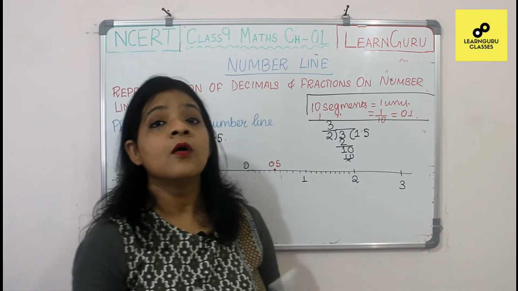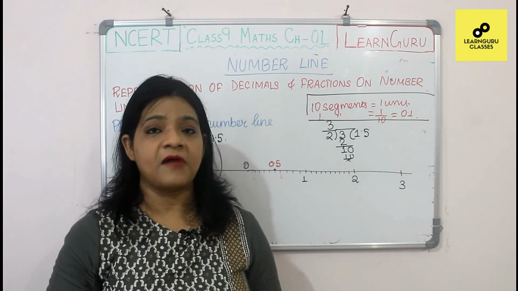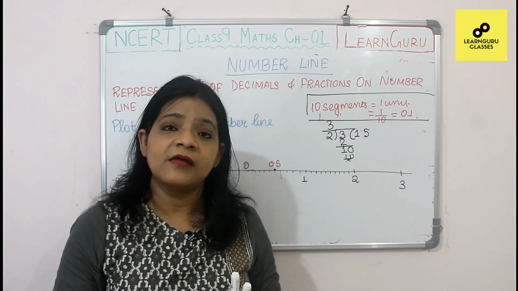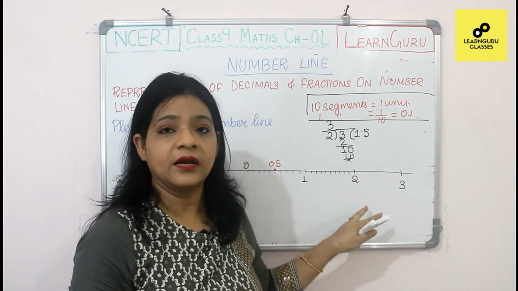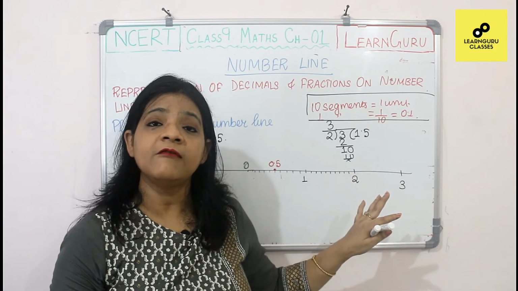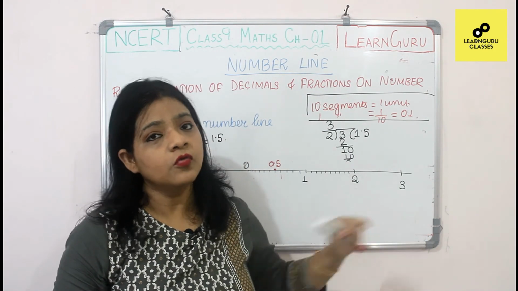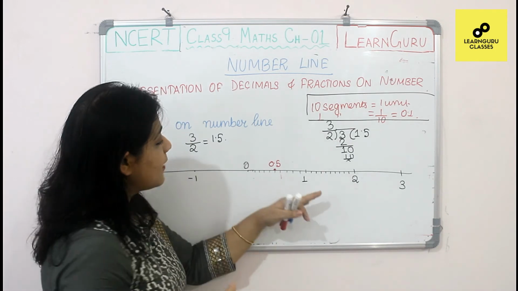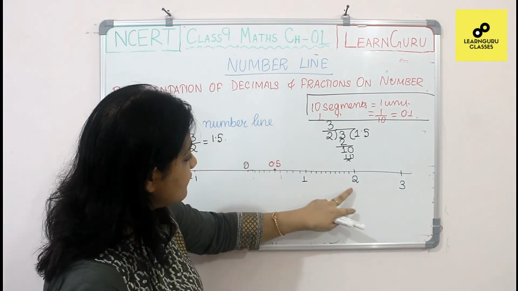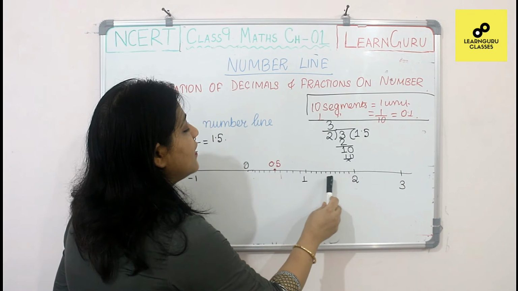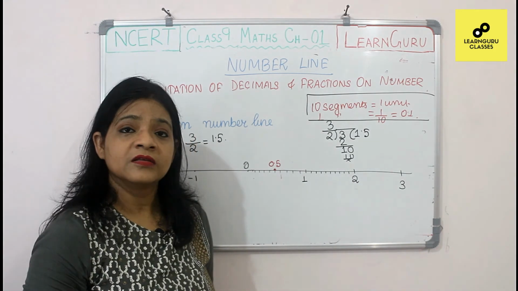Now you tell me where to place 1.5. It should lie between 1 and 2 because 1.5 is greater than 1 but less than 2. Again the same thing: between 1 and 2, we divide it into 10 equal segments.